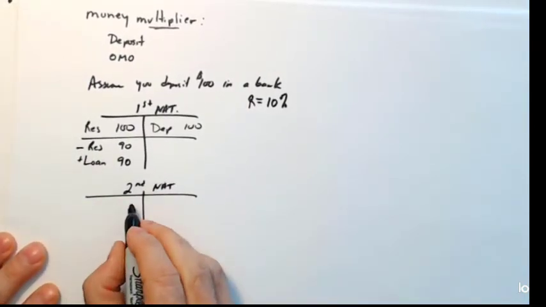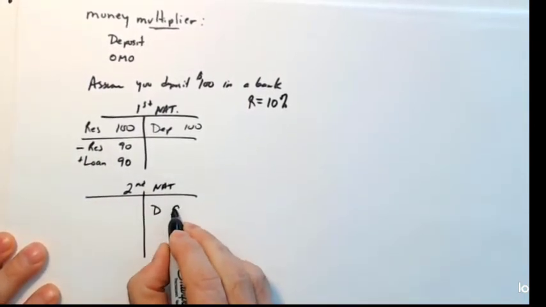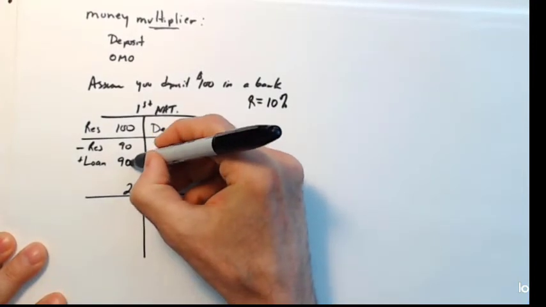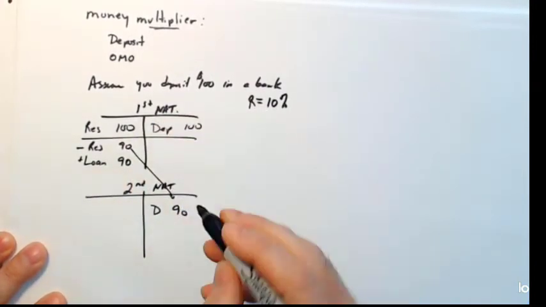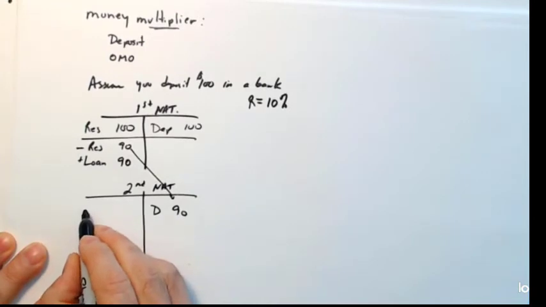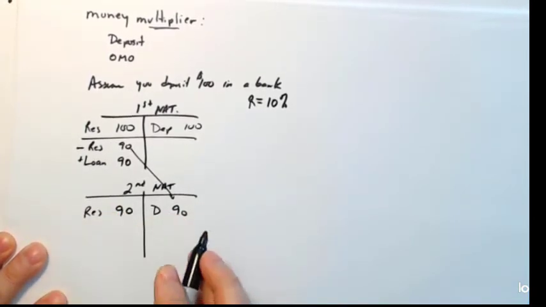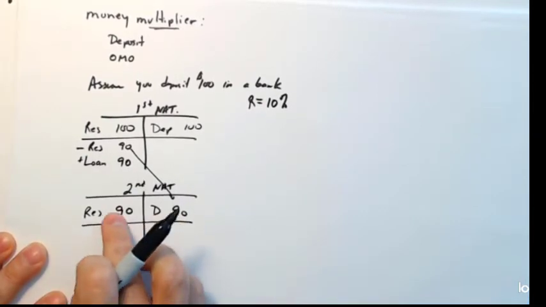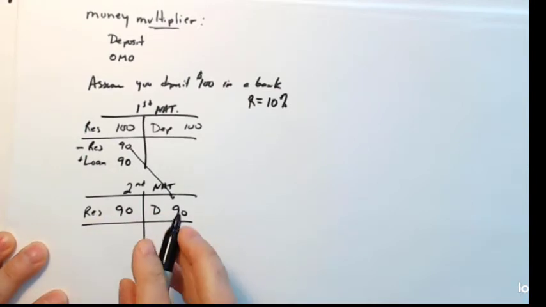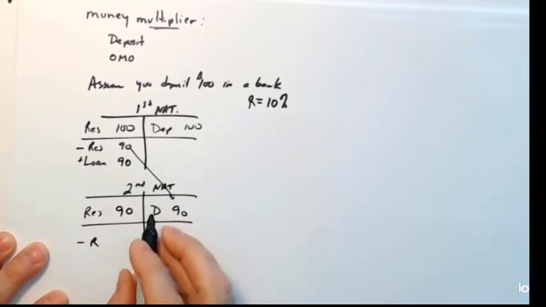And so here, what's going to happen is deposits are going to go up by 90. That's associated with this here. So deposits go up by 90. Reserves go up by 90. The balance sheet balances for the next bank. But again, this bank needs to hold just 10% of the 90. It needs to hold $9.